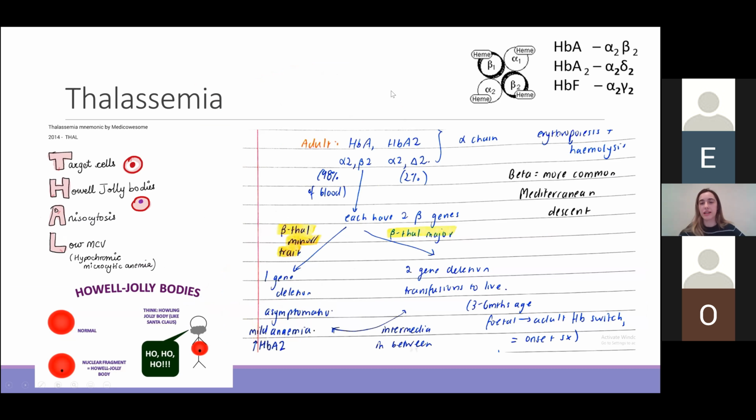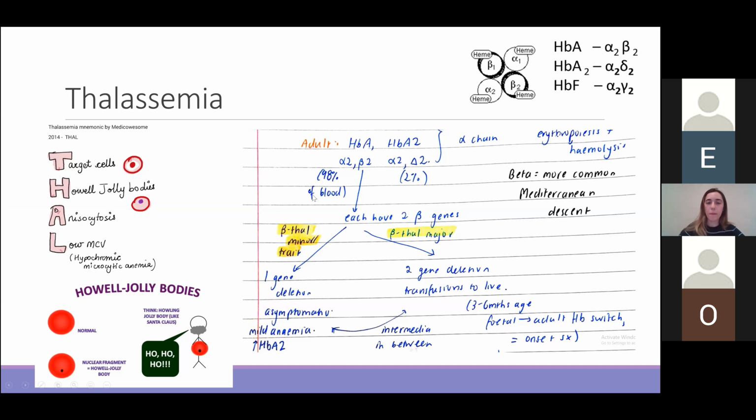Basically, it's really good, as I said, to understand what's going on with your hemoglobin types. So thalassemia is where you've got a mutation in your beta chain. If we look at your adult hemoglobin, you've got your HbA, which is composed of 2 alpha and 2 beta, and HbA2, which is 2 alpha and 2 delta.